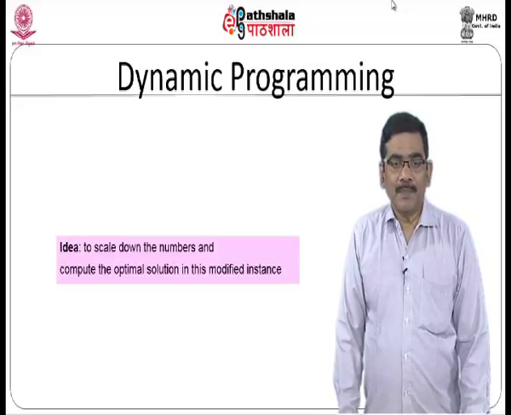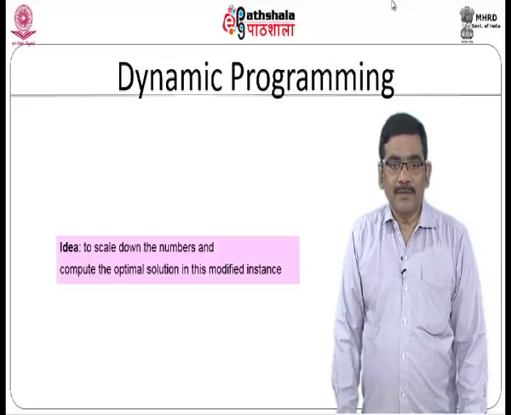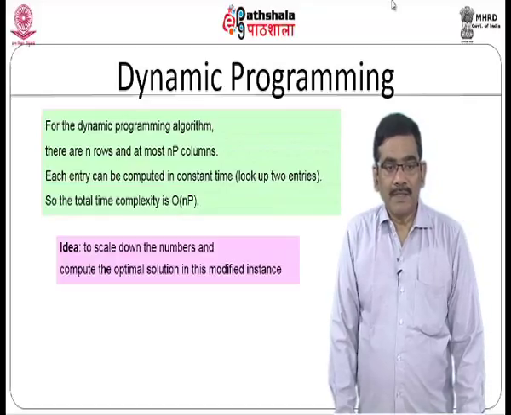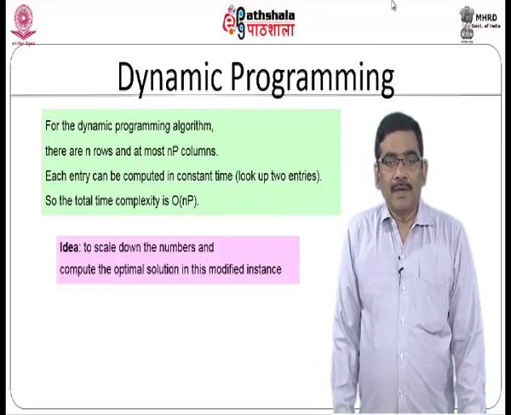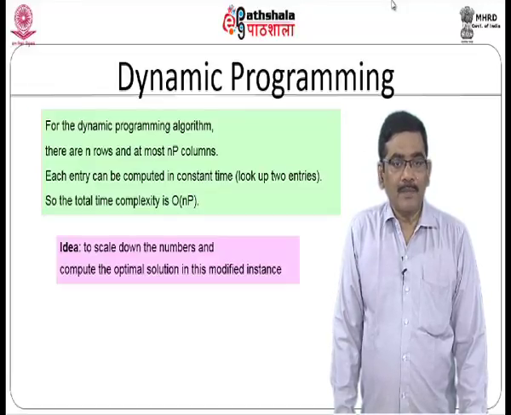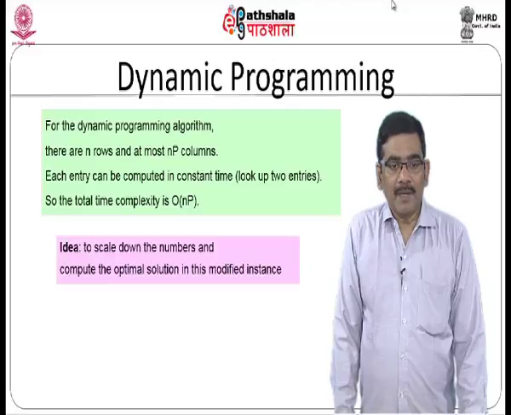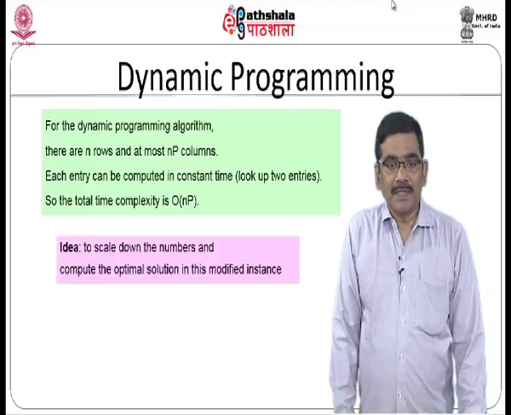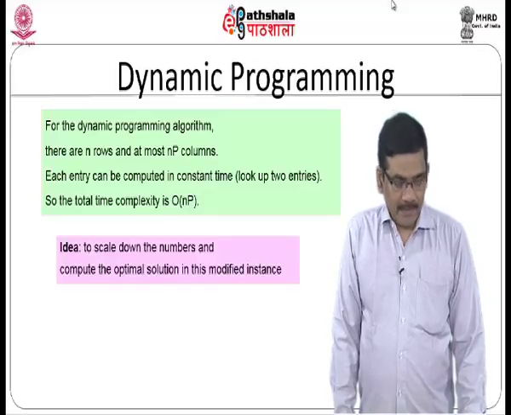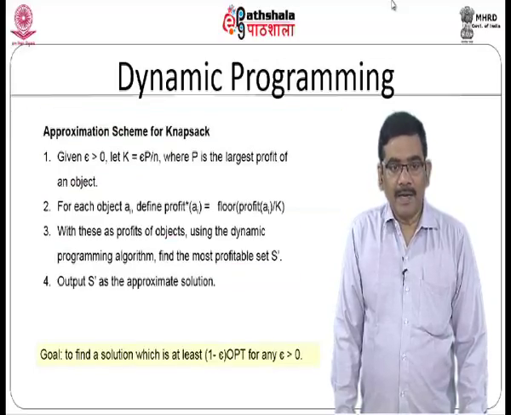In other words, the worst case algorithm complexity will not change by the factor with which you are trying to divide the original number. So, the logic is very simple. You scale down so that you have n rows and at most np columns. So, your total complexity is order of n squared p. That means you have a pseudo polynomial algorithm.